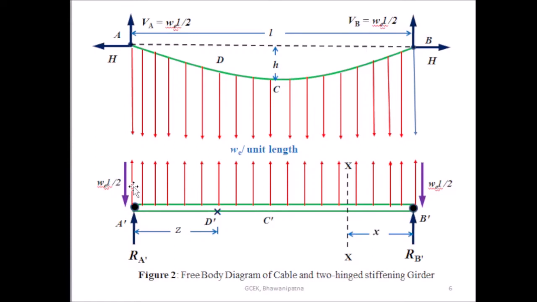The total equivalent UDL is WE into L, and the reaction at both ends due to the equivalent UDL is WE L by 2, WE L by 2. And these are the vertical reactions RA dash, RB dash.